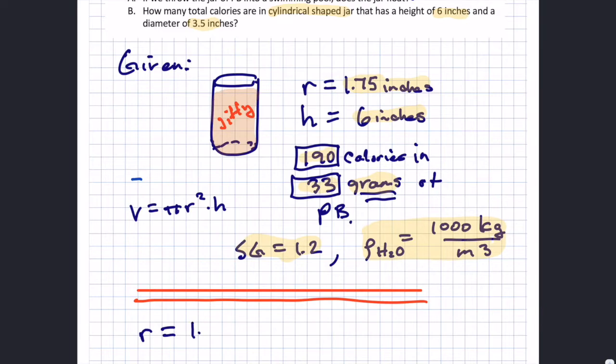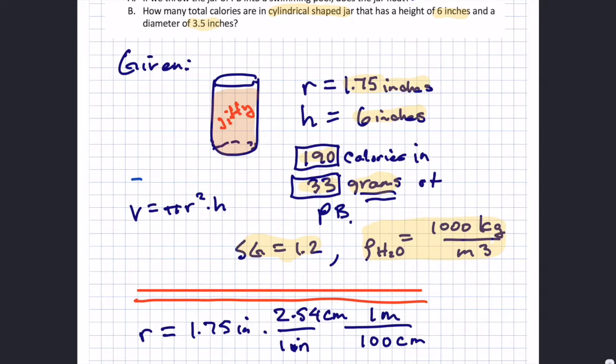So we start with 1.75 inches. Then we know that in 1 inch, there's 2.54 centimeters, and we know that there are 100 centimeters in 1 meter. So we now have R in meters.